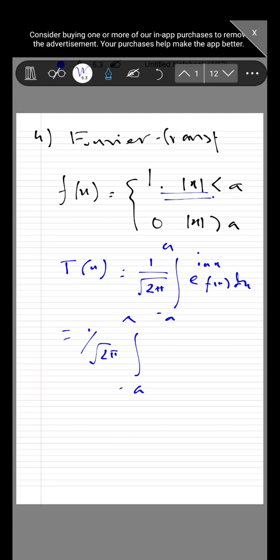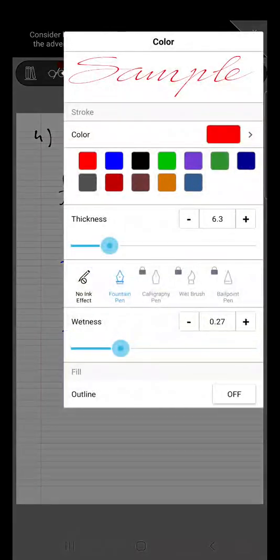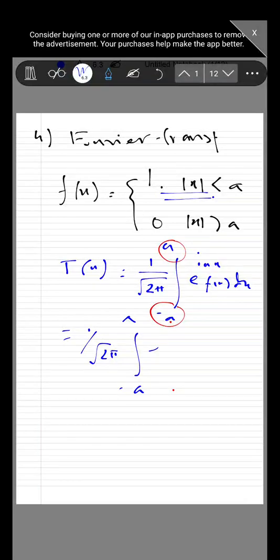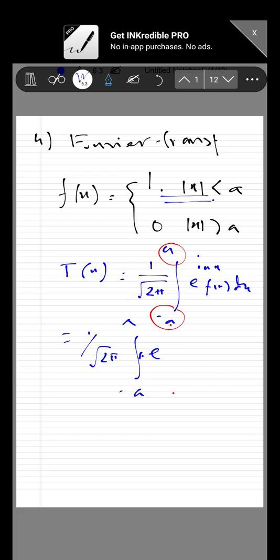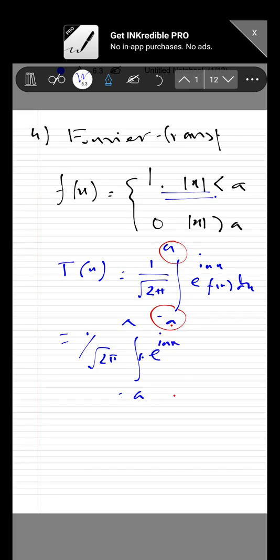So instead of writing minus infinity to plus infinity, which we usually write, since the value is 0 outside, there's no point in taking it. So the interval is between minus a to plus a, and the function remains as 1, and it will be e to the power iux into dx.